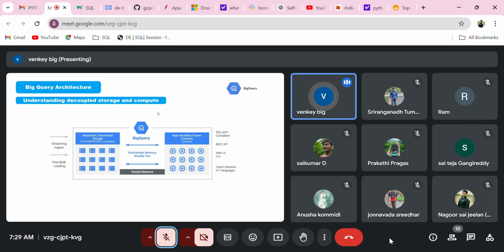So here, in BigQuery, or for that matter, in any data warehouse system or database, we need to have three things. One thing is the storage, right? Data storage. And the second thing is the compute power, right?